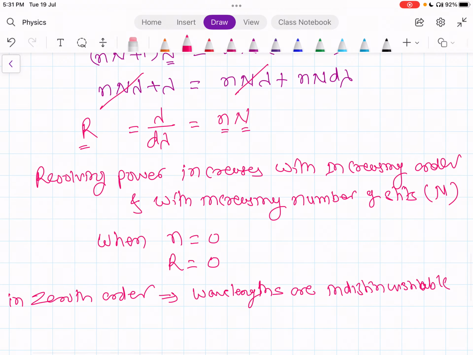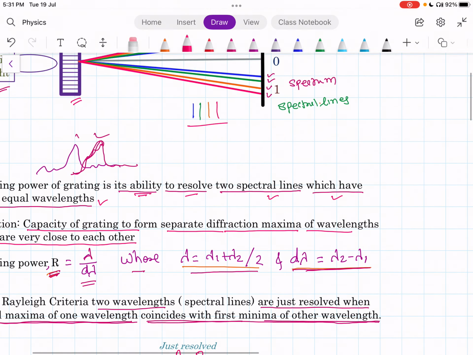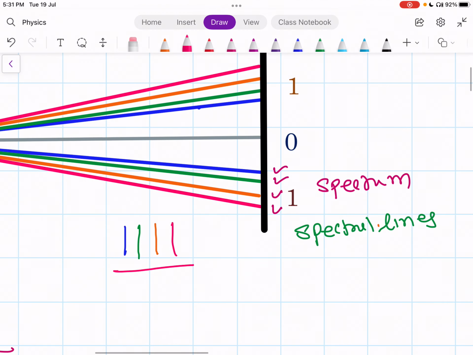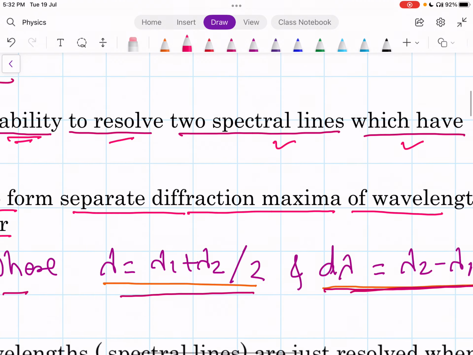In this diagram, this is the zeroth order. So at zeroth order, the wavelengths are indistinguishable.